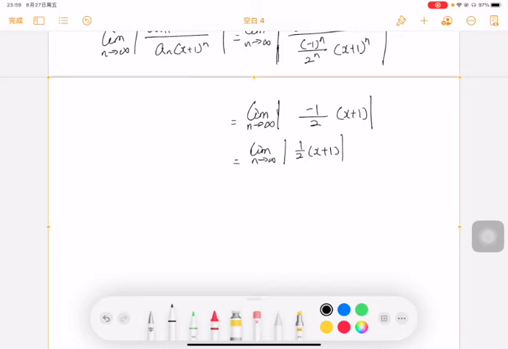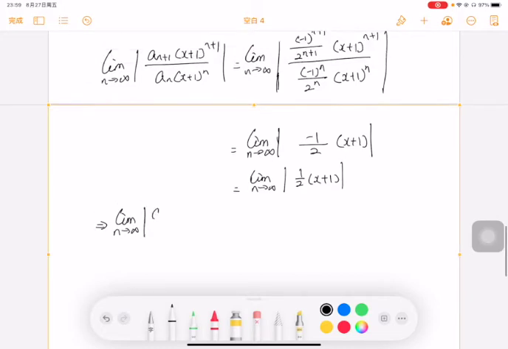Now, from this, we get that the limit of a(n plus 1) times (x plus 1) to the n plus 1 divided by a(n) times (x plus 1) to the n is smaller than 1 if and only if... I forgot to write this.